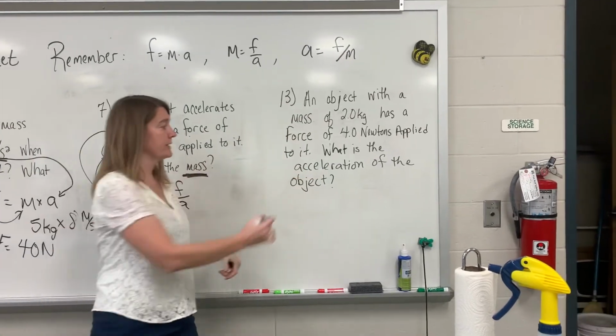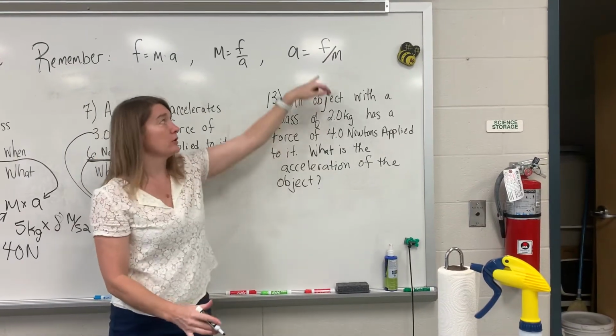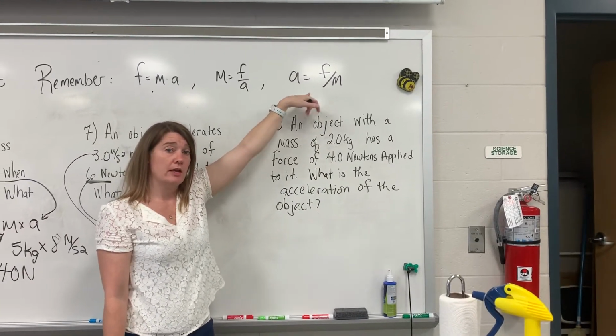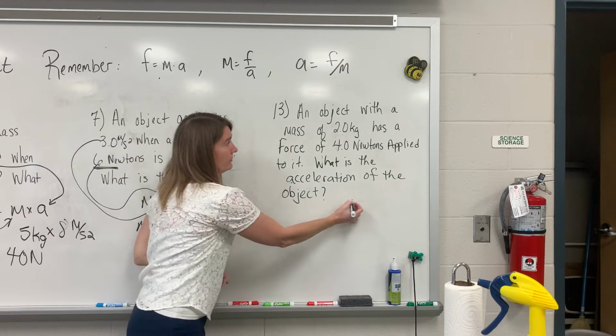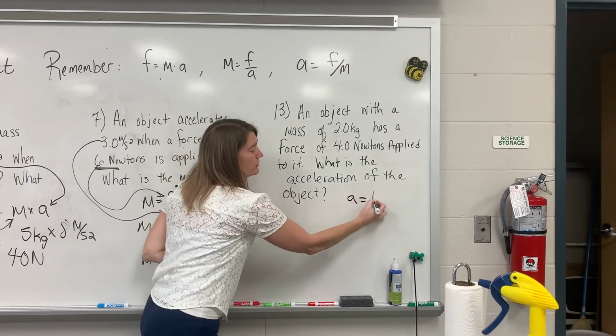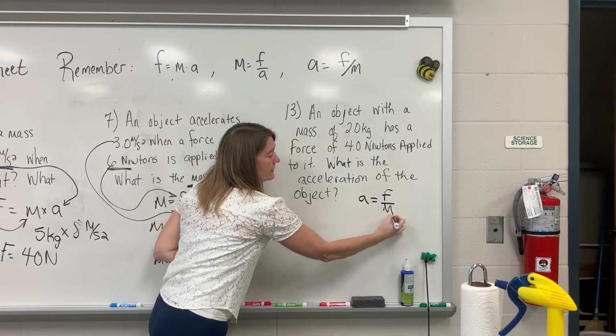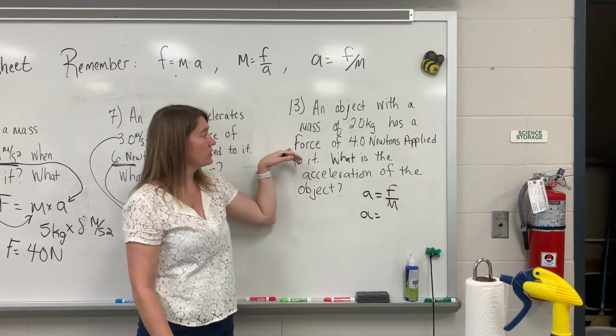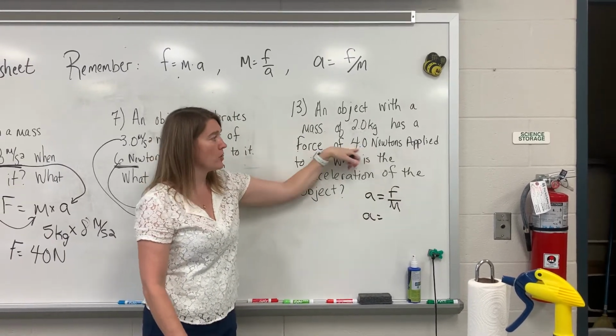Now we have to look for acceleration. So we're looking for this equation, force divided by mass. Okay? Acceleration equals force divided by mass. Got to find force. In the question, it says force of 4 newtons.